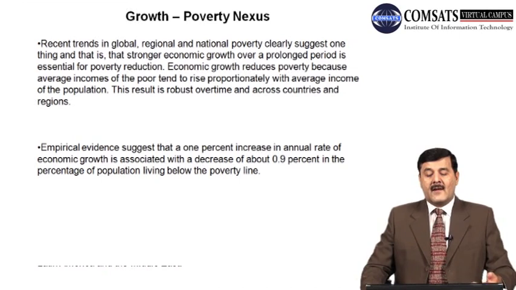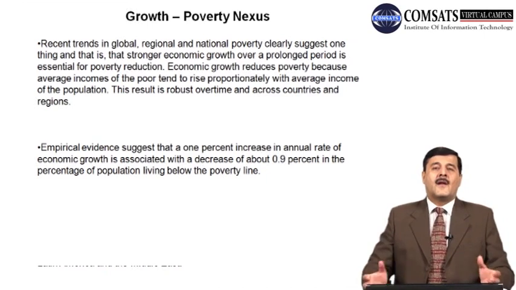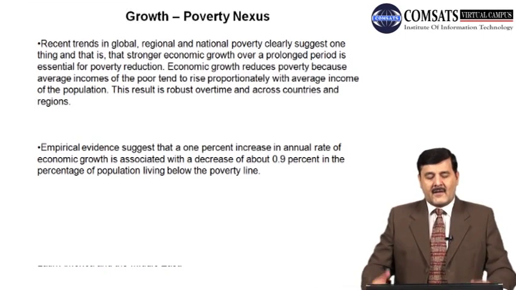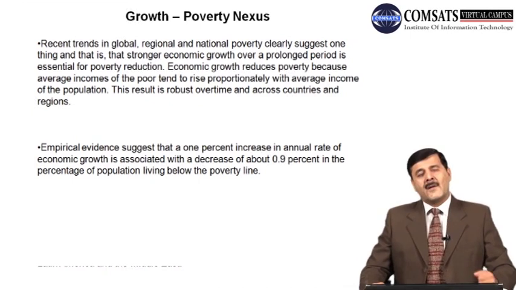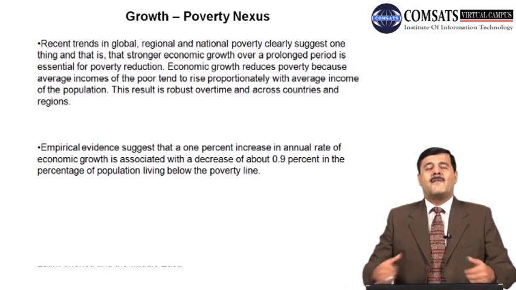And the result is robust over time and across countries and regions. You can compare and see that the result holds across regions and across countries. If we talk about empirical evidence regarding poverty, it suggests that a 1% increase in the annual rate of growth in a country is associated with a reduction of 0.9% in poverty, meaning the people living below the poverty line.